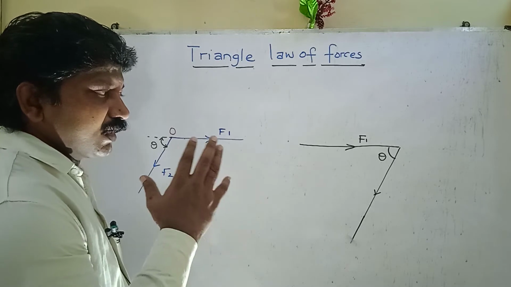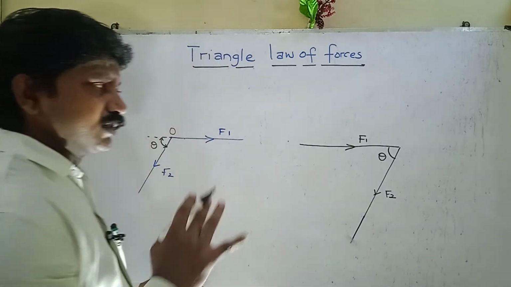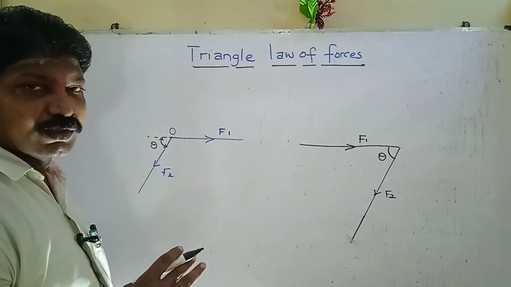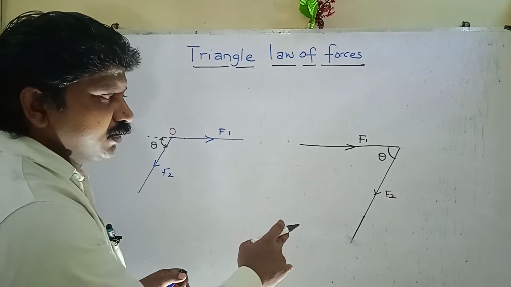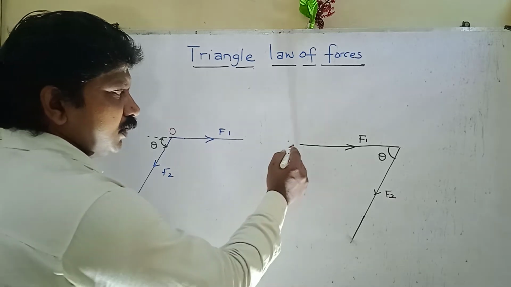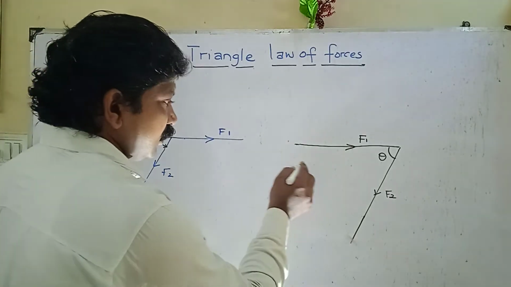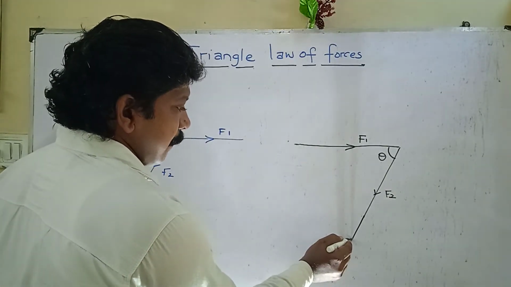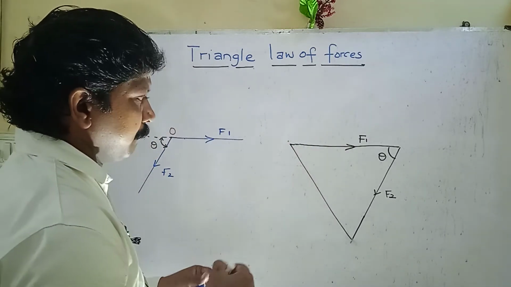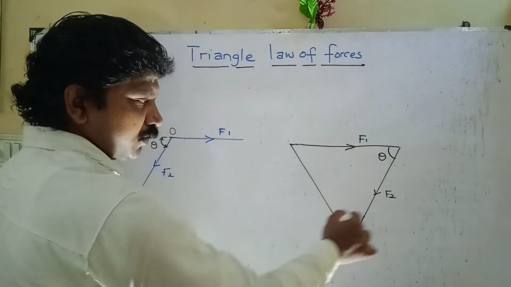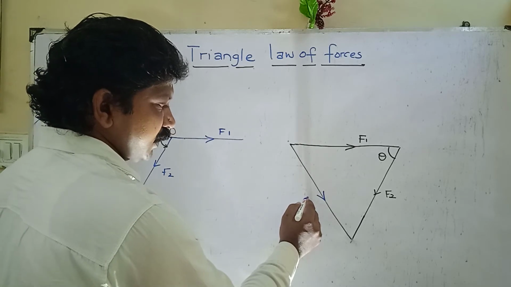Then the resultant of these two forces is represented in magnitude and direction by the closing side or third side of the triangle, taken in opposite order. F1 and F2 are in the clockwise direction, so this one is in the anti-clockwise direction. That is the resultant.